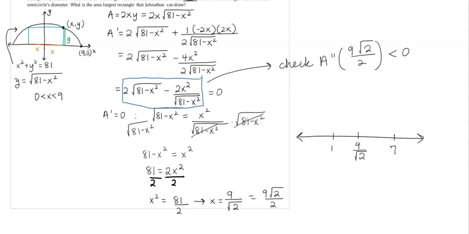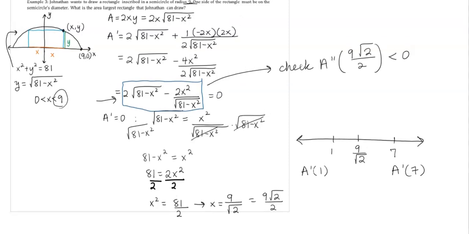You do want to make sure that you're not using a number that is bigger than 9 on the other side, because we do have that condition there. And we're going to be plugging 1 and 7 into the first derivative. You could use a table on Desmos, or you could use your graphing calculator. What's really important here is you're looking for the sign. What is a prime of 1 and what is a prime of 7?